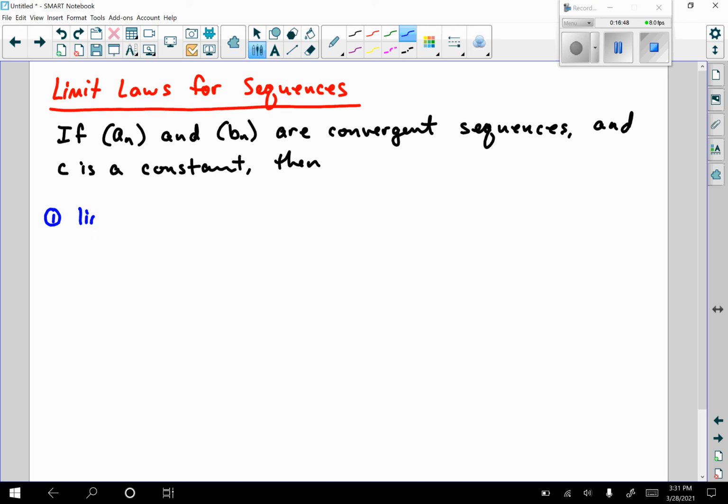So first, we say the limit of a sub n plus or minus b sub n as n goes to infinity. So saying the limit of the sum or difference is the same as the sum or difference of their limits. So we can separate them. The limit of a sub n as n approaches infinity plus or minus the limit of b sub n as n approaches infinity is convergent.